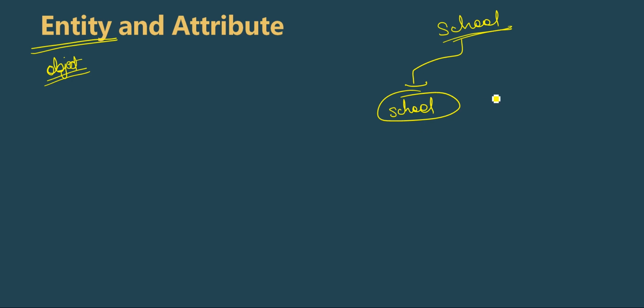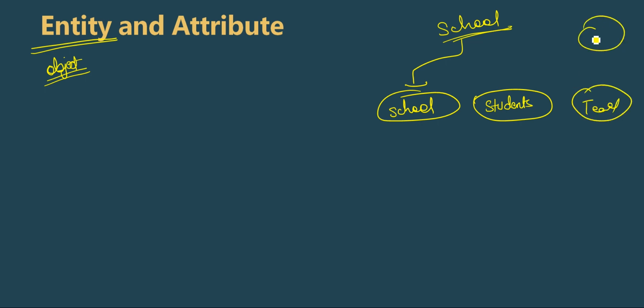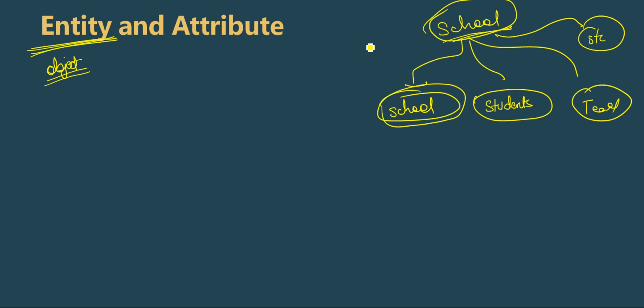School is also an object. Then we have students, then teachers, then some other staff. So these will be considered as objects of this school, and an entity is basically an object.